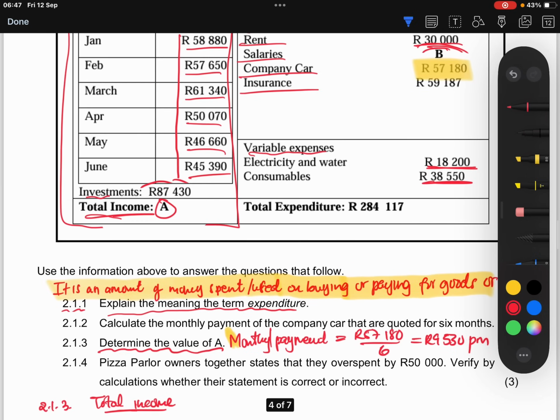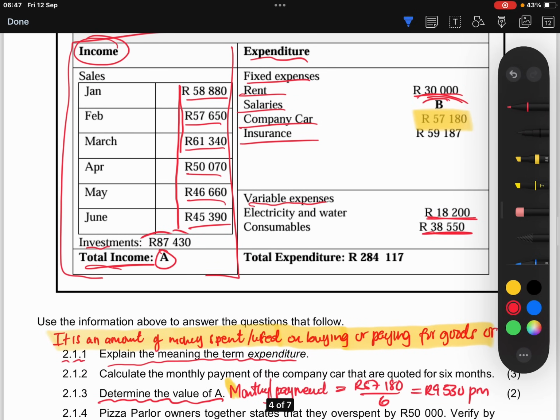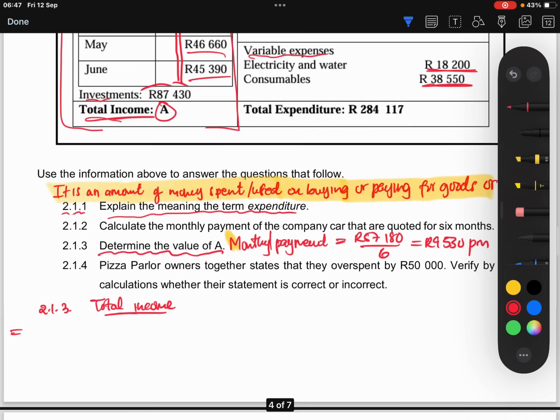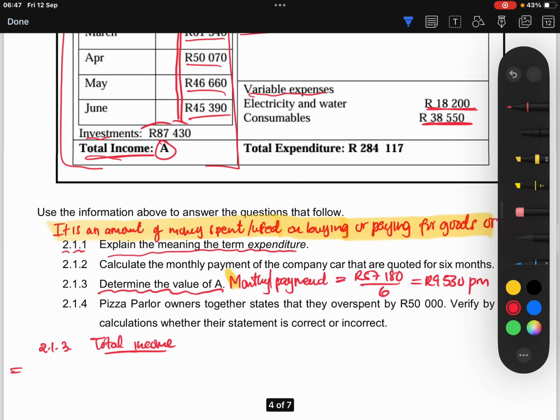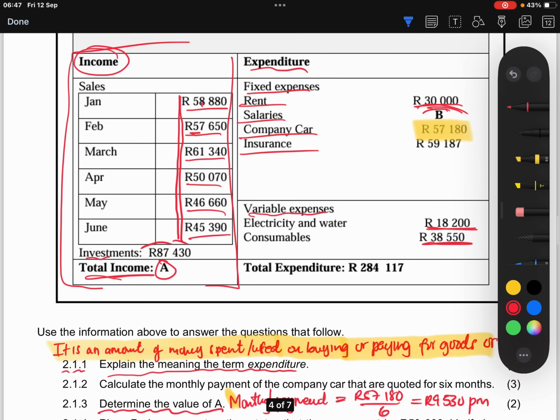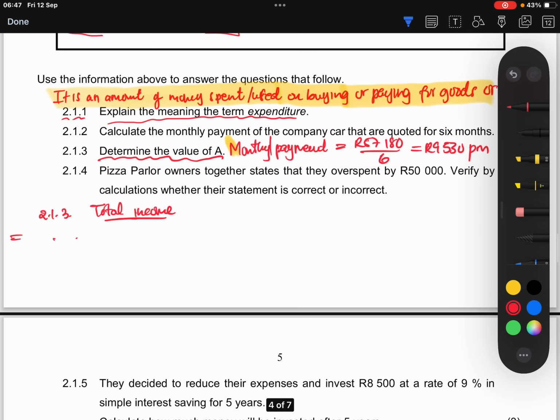You're going to take these monies and add all of them. You must show them, guys, but I'm not going to show them. You need to show their total when you add all of them. I'm just going to give you the answer to save time.